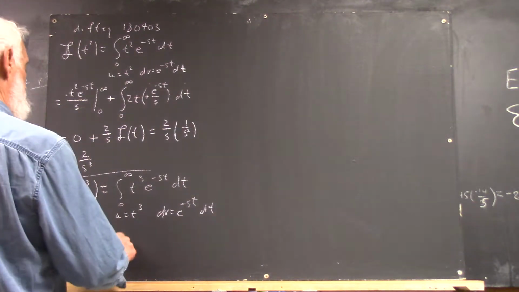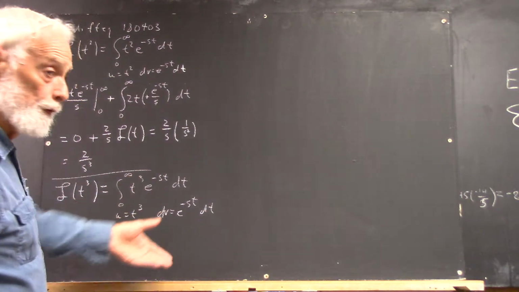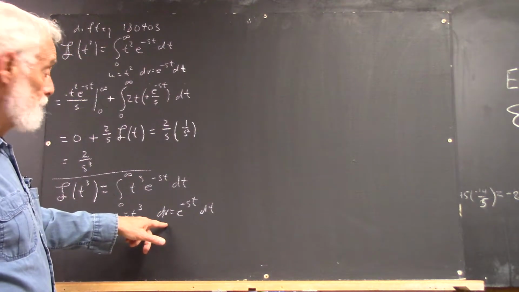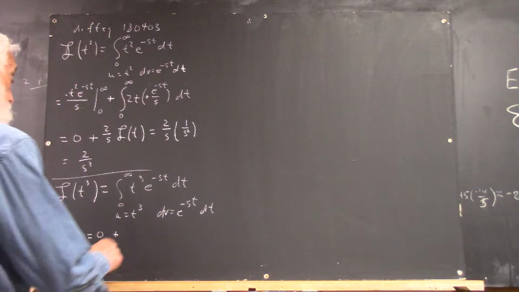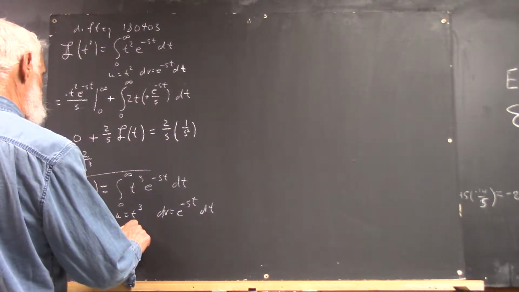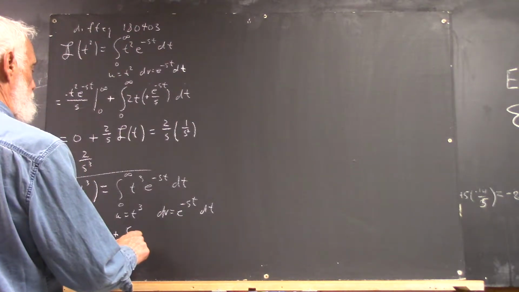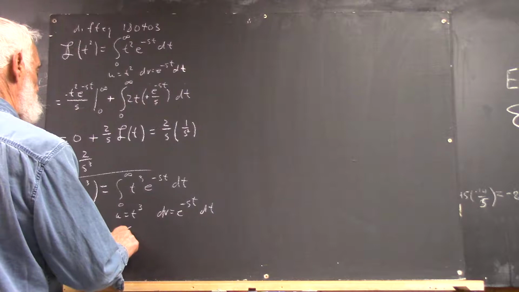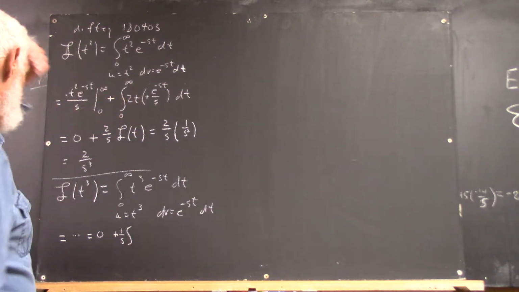Okay, then you're going to have plus. It's going to be plus because it's minus the integral of v du, but the v is going to have a negative, and a derivative of e to the negative st. I'm going to put the 1 over s out here. I could have done it here, right?